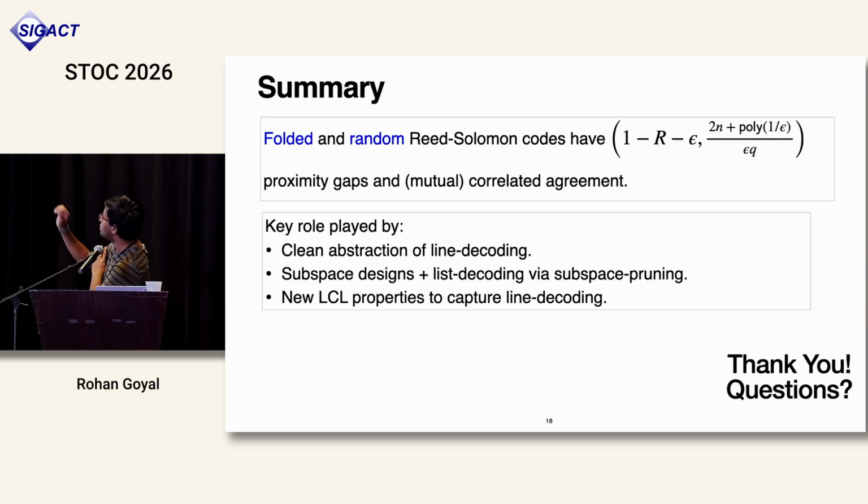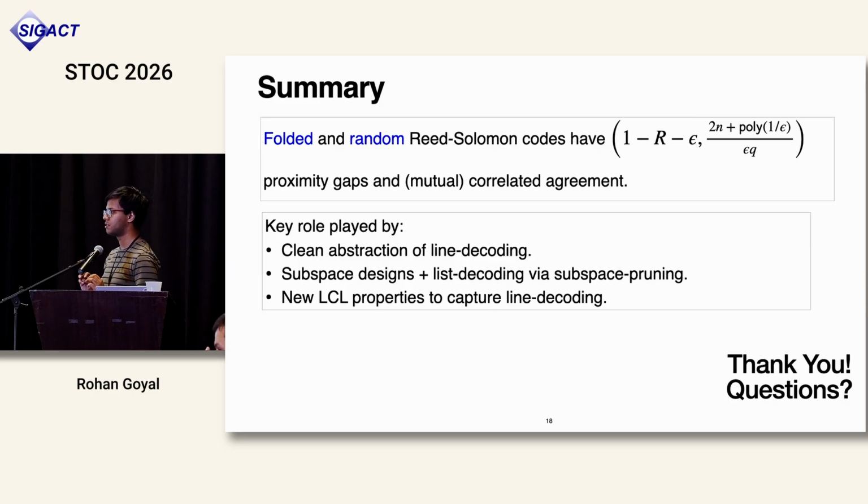Good. So here it won't really be an improvement. The question I will phrase as the line decoding question. We were able to combine line decoding plus list decoding in a very nice way, which, if your goal is just correlated agreement or proximity gaps, gets you good enough things. But the question is the following: if you give me so and so many code words which are close to a line, then 3 of these code words must be collinear.